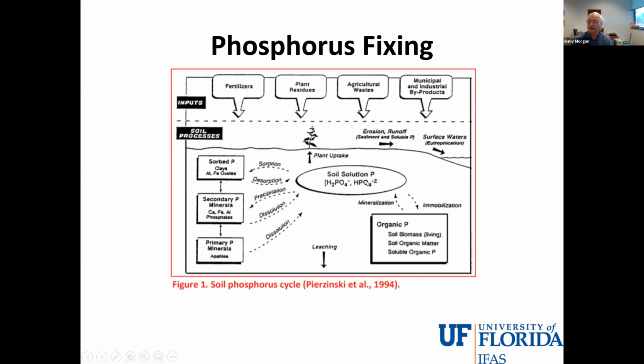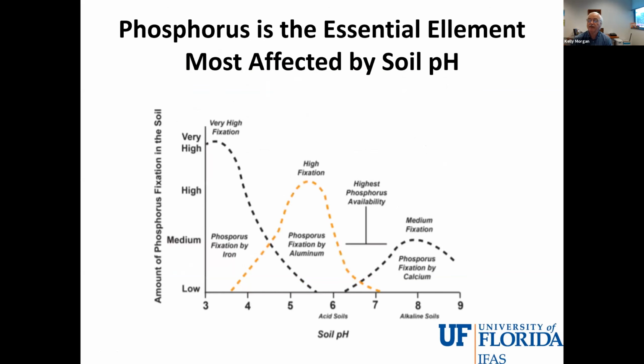And then as the phosphorus in the soil solution goes down, you'll have a desorption of phosphorus from those precipitates back into solution. Typically, the arrow is much stronger towards precipitation than it is for dissolution, but it depends on the soil pH and the amount of phosphorus that's in the soil. And we'll go into those in just a moment.